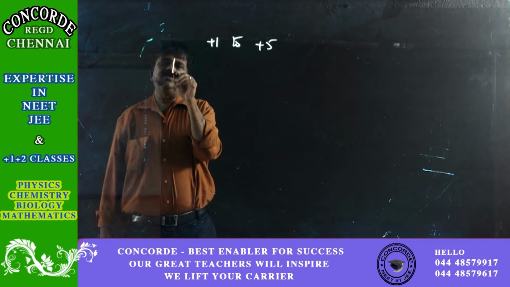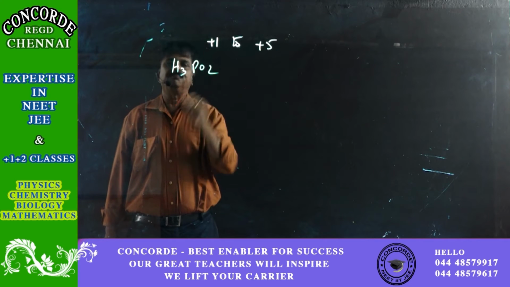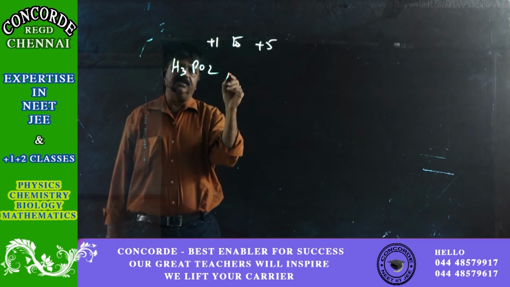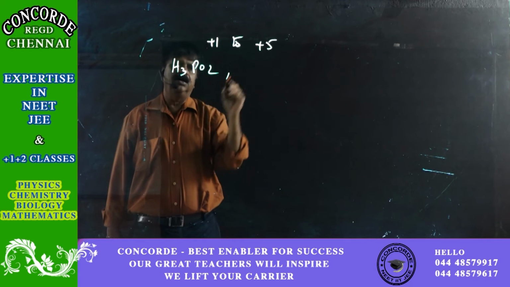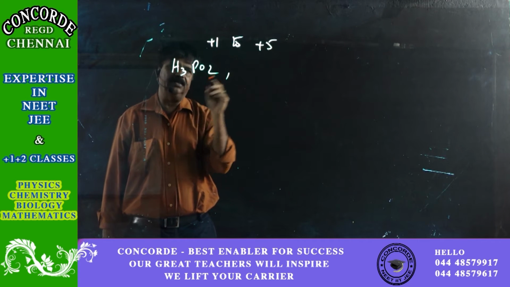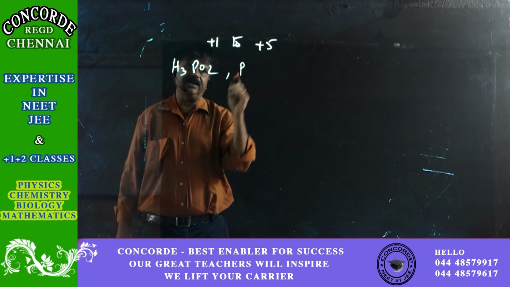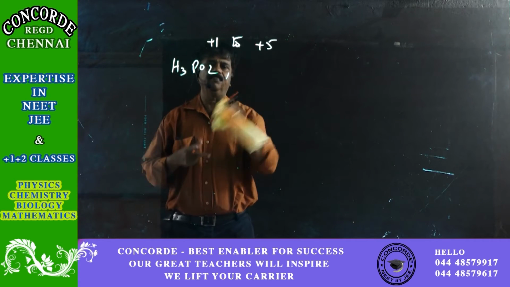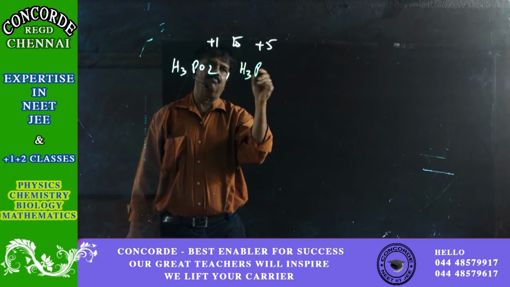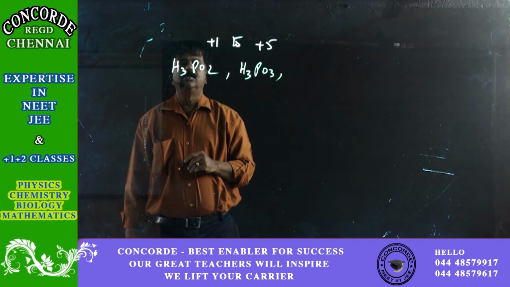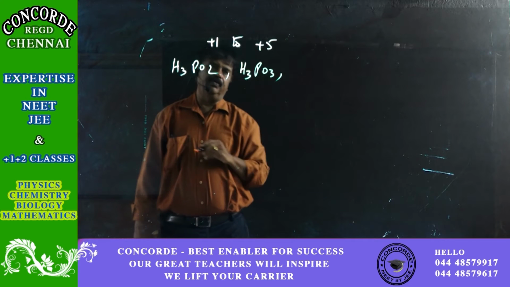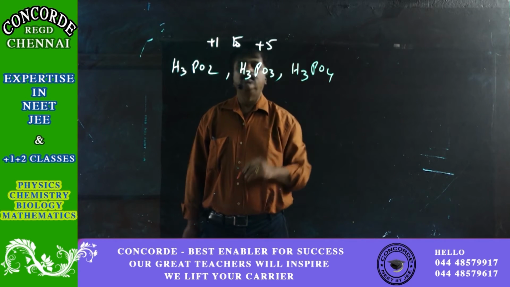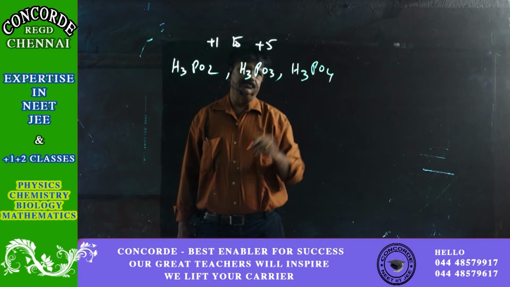It ranges from H3PO2, hypophosphorous acid, and phosphinic acid, phosphonic acid, or phosphorous acid, and we have orthophosphoric acid.